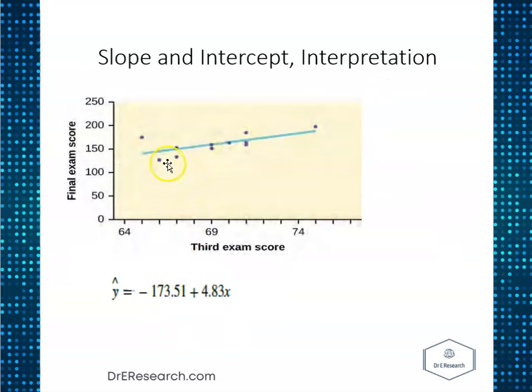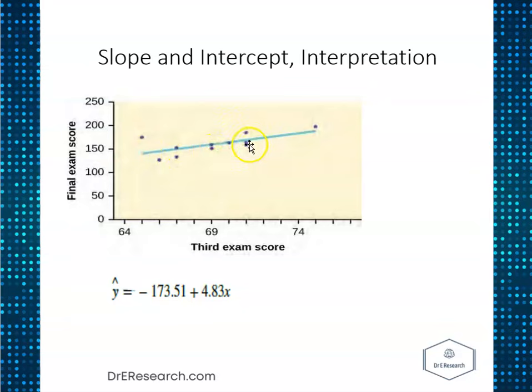Now, the statistical test of the slope tests whether or not this slope is really 0. Here it doesn't look like 0, but the question is whether it's statistically significantly different than 0. The other thing we often want to look at besides whether this slope is non-zero is how close these points are to the line.